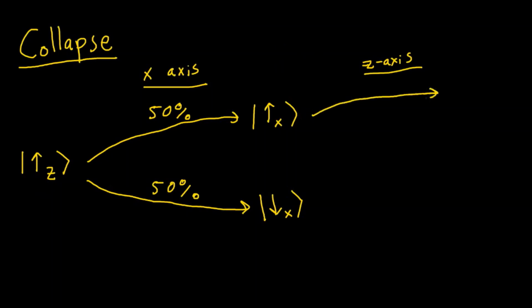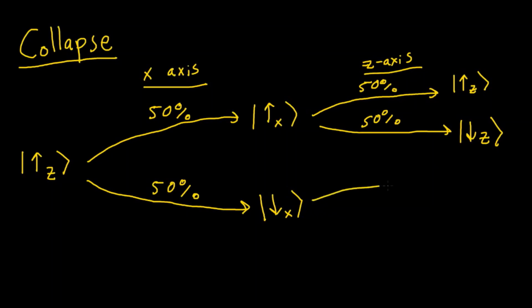But now, because you measured it along the x-axis in between, you're going to find that 50% of the time it'll be spin up, and 50% of the time it'll be spin down. And this will be the case no matter what the intermediate measurement said.